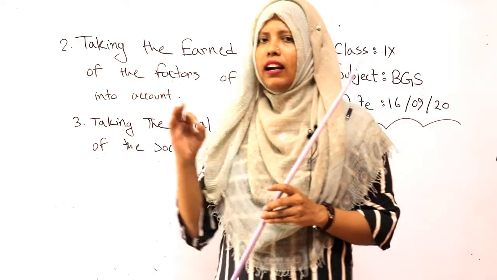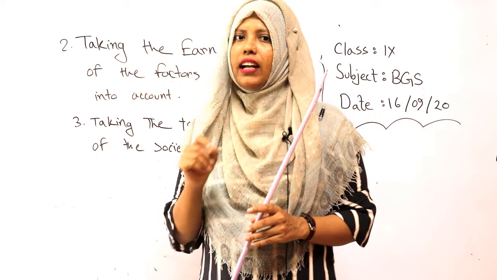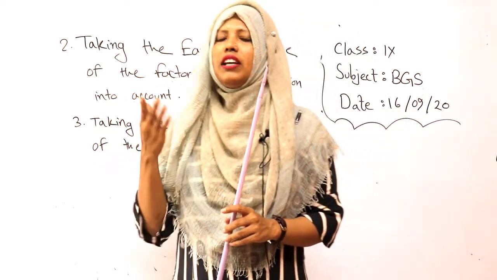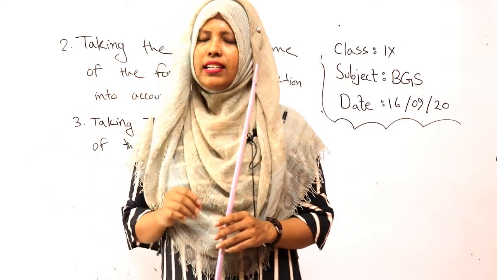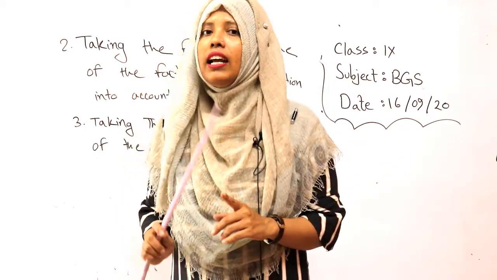If citizens live in another country, their income is also included in the GNP. Like any person who lives in Saudi Arabia and is a citizen of Bangladesh, that time his income is included in GNP.